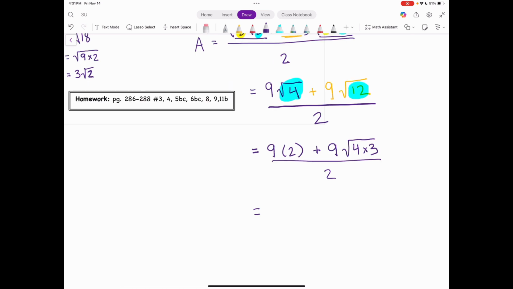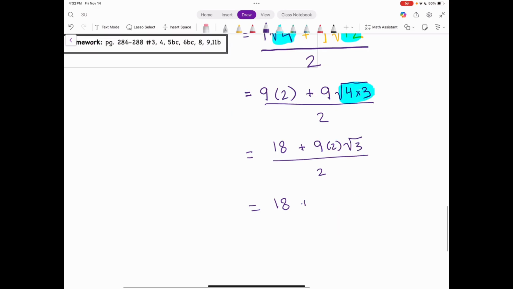We know that 9 times 2 is 18. And when we simplify this radicand here, we take the square root of 4, which is 2, and we're left with the square root of 3. 9 times 2 is 18.